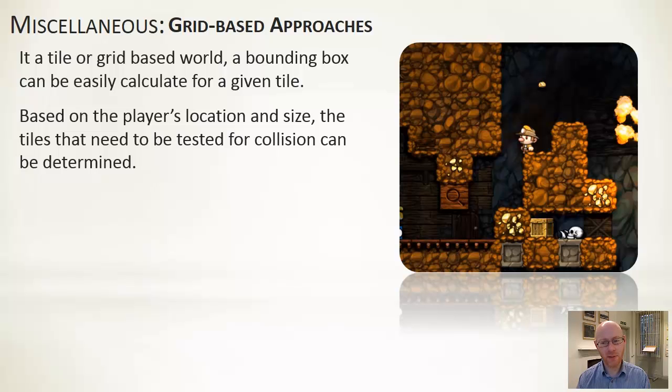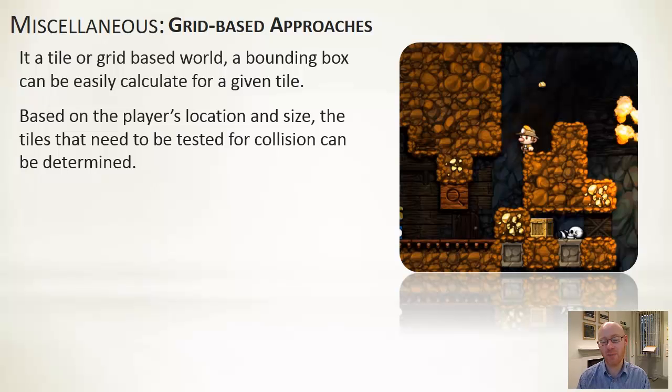With a grid-based setup, here we're talking about AABBs to AABBs, so we'd have a bound for the player. Grid-based setups lend themselves very nicely to this because I can take any location or any index within my grid, and because I know the width and the height of each of the tiles that are used to display the grid, I can convert that into an actual location within my game world by simply multiplying the tile index by the width and the height of each of the tiles.